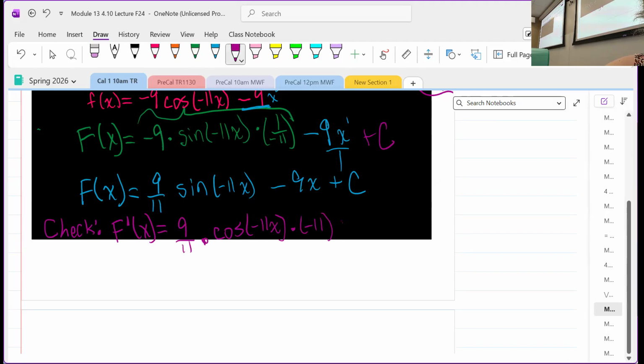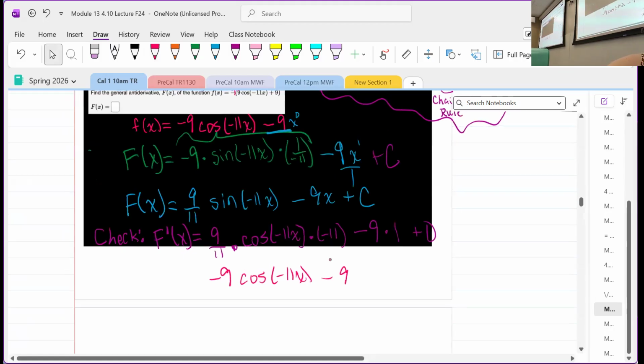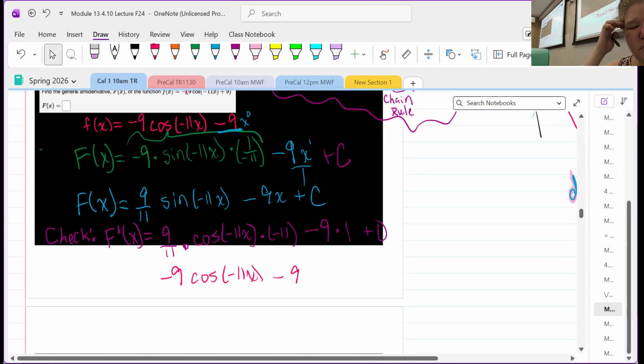And then minus 9 times the derivative of x is just 1 plus 0. So now my 9/11ths times negative 11 becomes negative 9 cosine negative 11x minus 9.